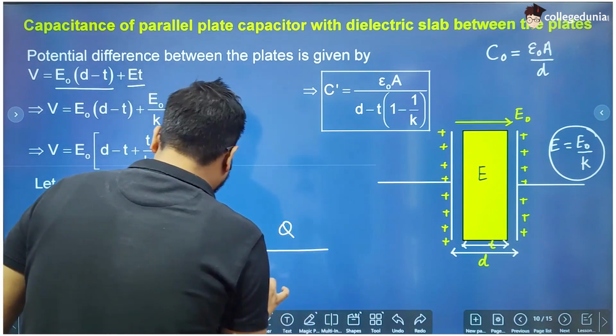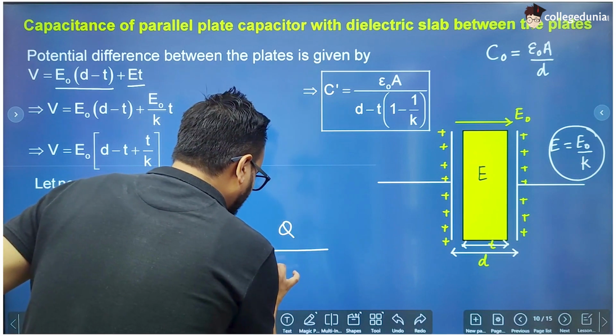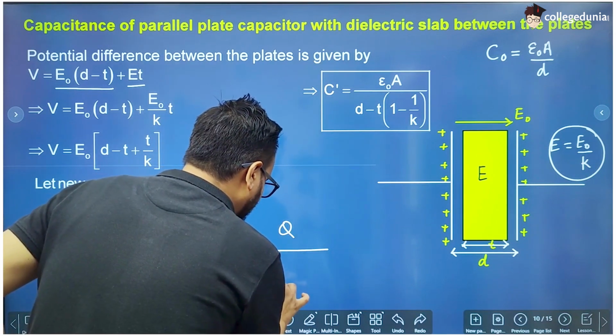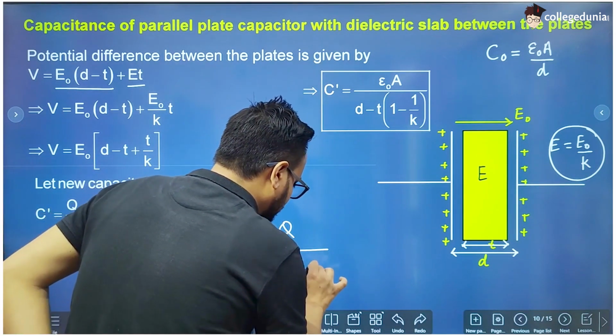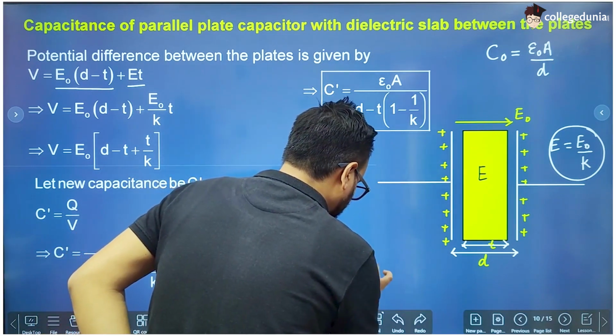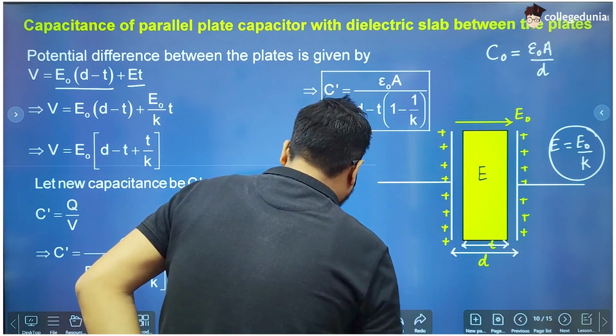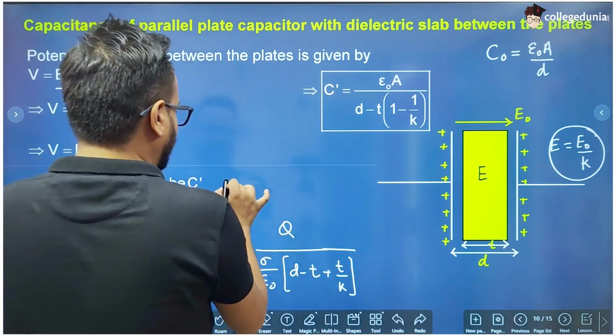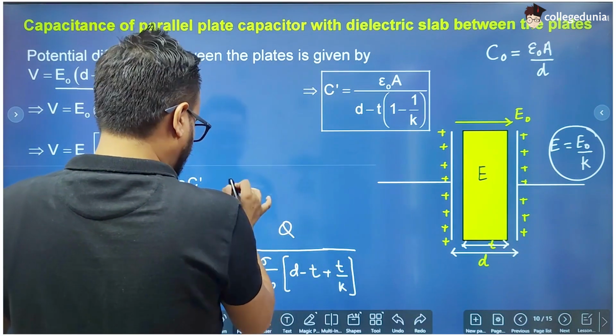Q divided by this E naught, we already know it is sigma by epsilon naught. And sigma is Q by A. Next step is this.